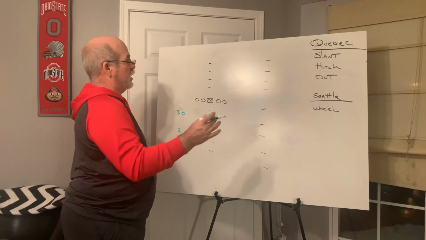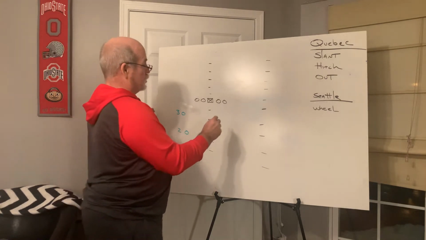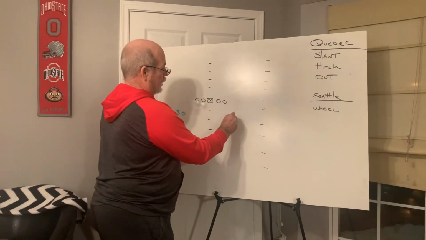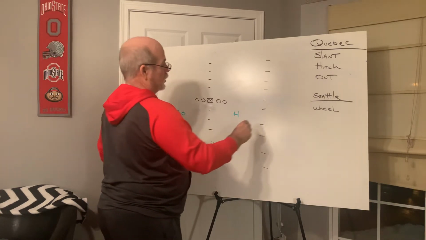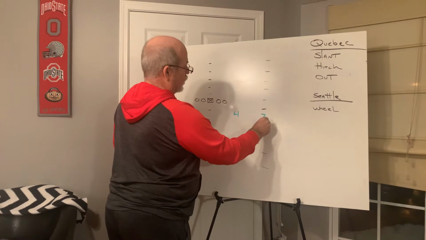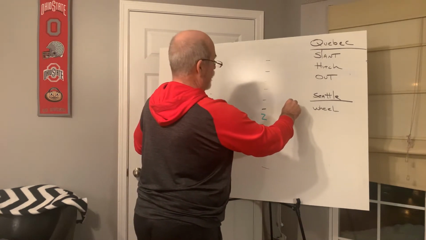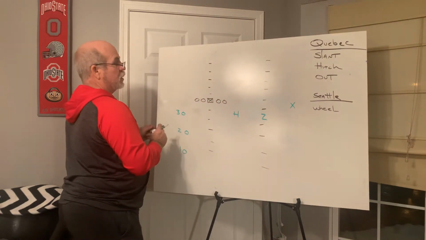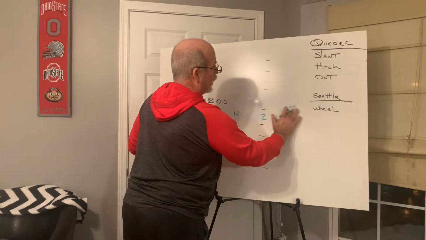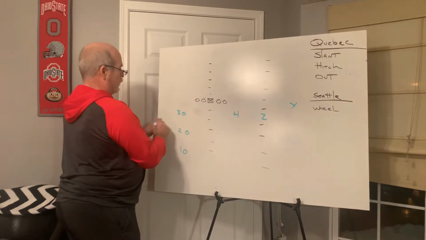If we're running slant in this situation, we'll probably be running it in trips. So very likely in spread trips, we'd have the H, the Z, and then the Y out on the line of scrimmage, and the X on the short side.